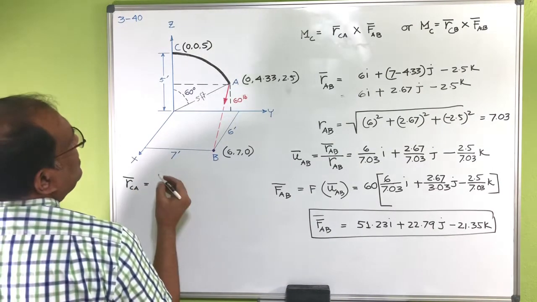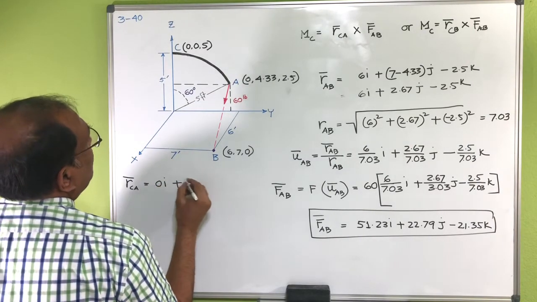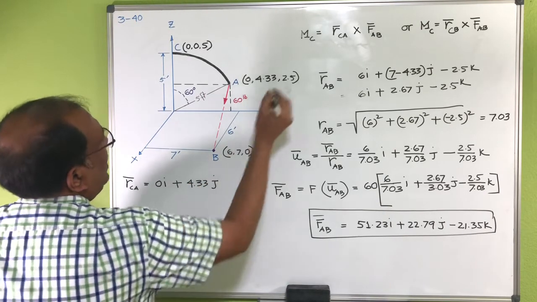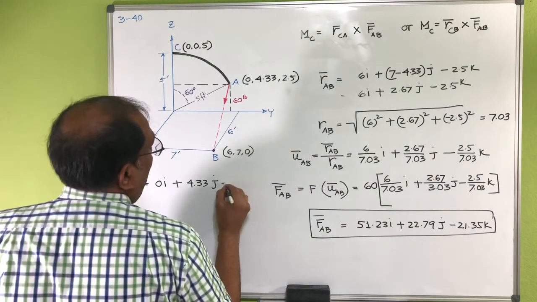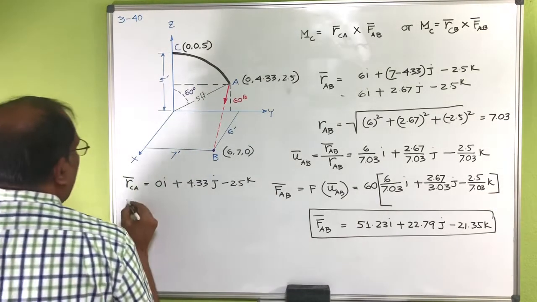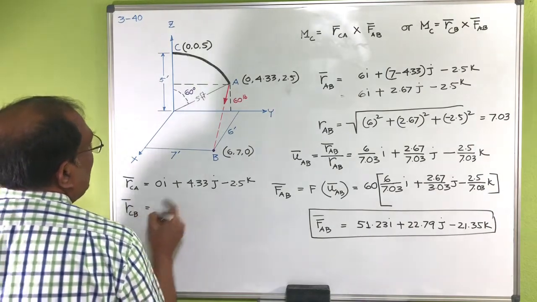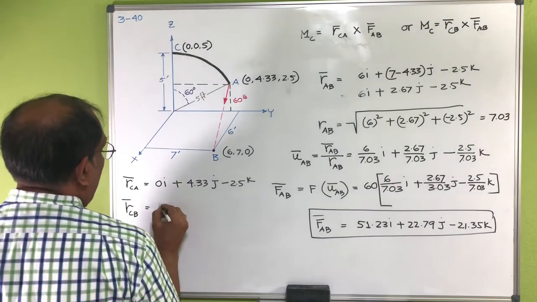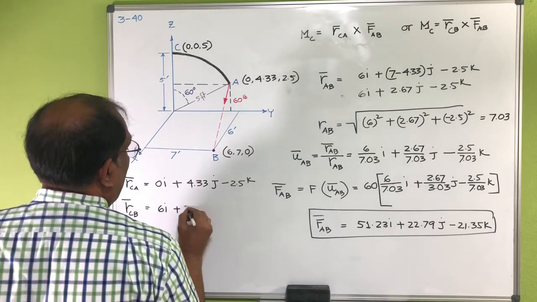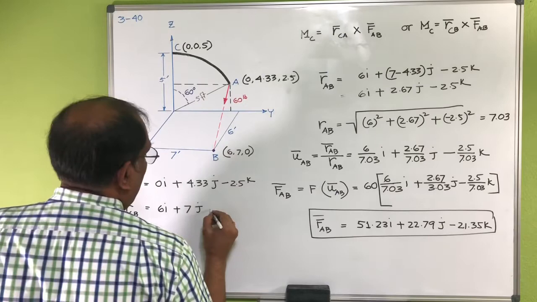So CA is actually 0I plus 4.33J and minus 2.5K. On the other hand, your RCB, that's actually B minus C, so 6I, 7 minus 0, so 7J, and 0 minus 5, that's 5K.